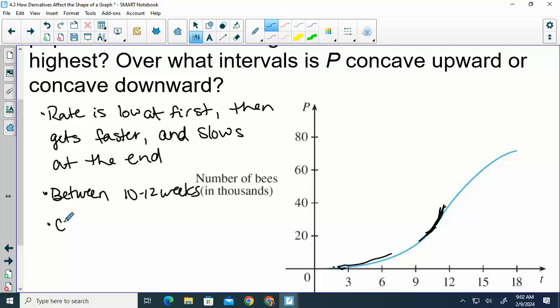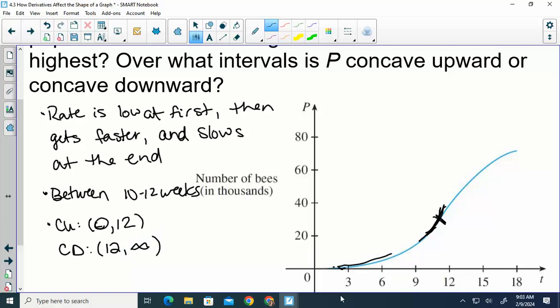So concave upward and concave downward. We already kind of talked about that. We said it kind of switched right about here. So it started out concave up. So we're just going to say from 0, because we wouldn't have negatives, to roughly 12. And then after 12, what happened? It was curving downward.